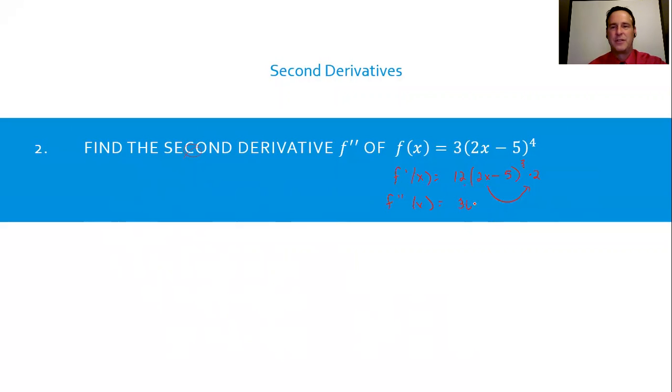So that gives you 36. And that's 2x minus 5 to the second, and times another 2. So I just kept this the way it was, just moved that 3 out to the front. There was already a 2 there, but then I got another 2. And so this would be 144, 2x minus 5 squared.